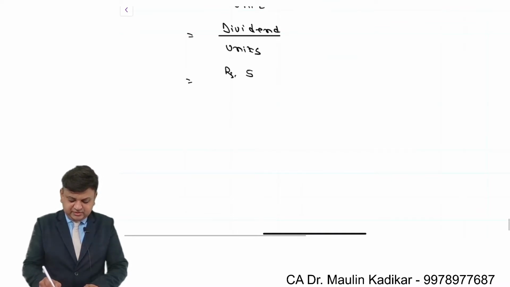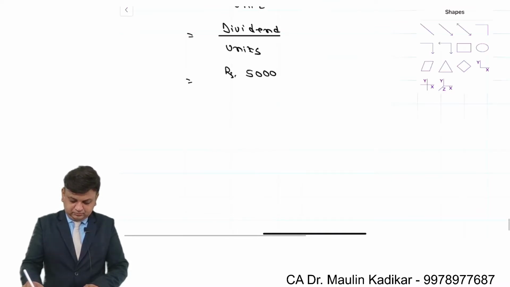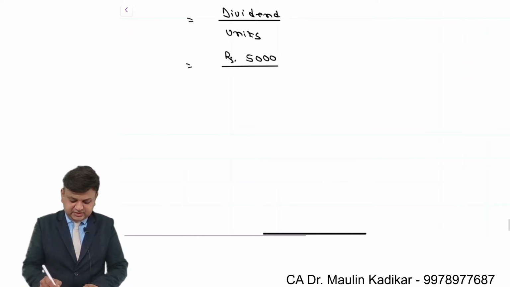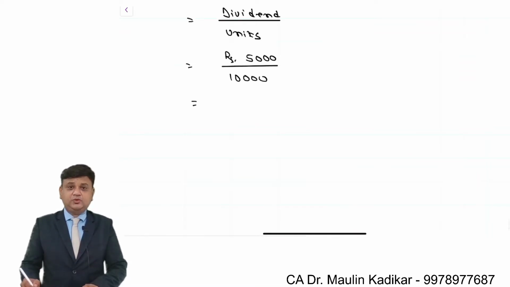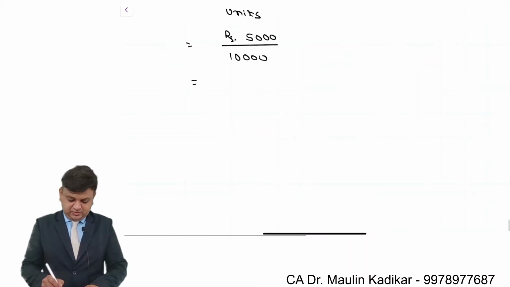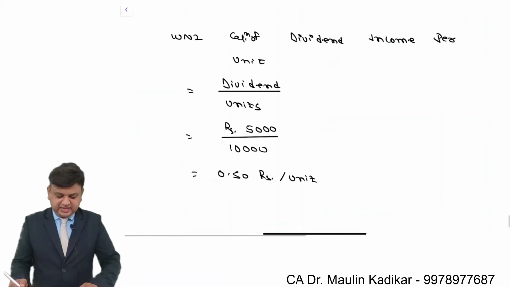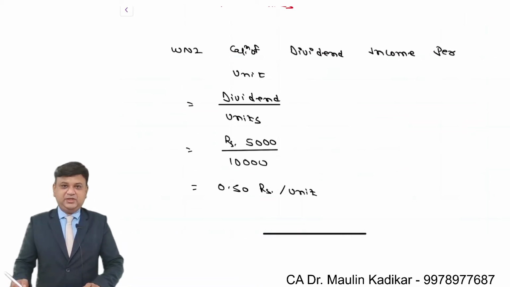Amount of dividend income is 5,000 and number of units are 10,000. So that comes to 50 paise per unit. That is the dividend income on per unit basis.